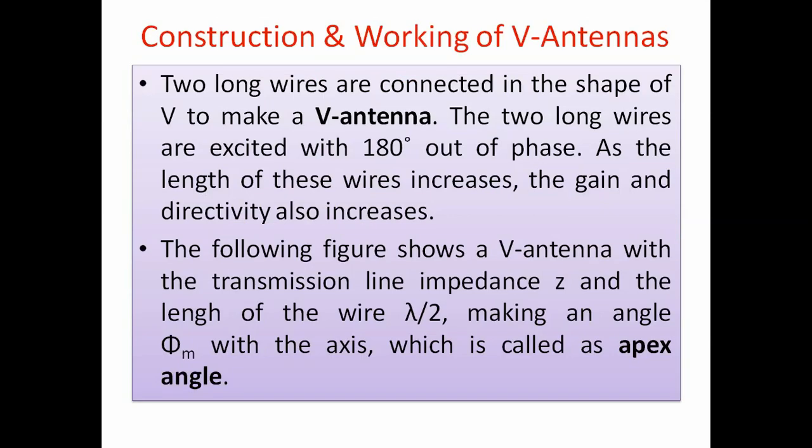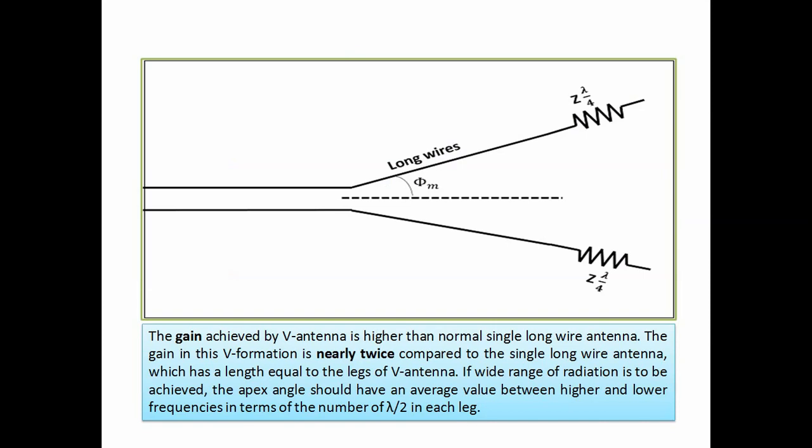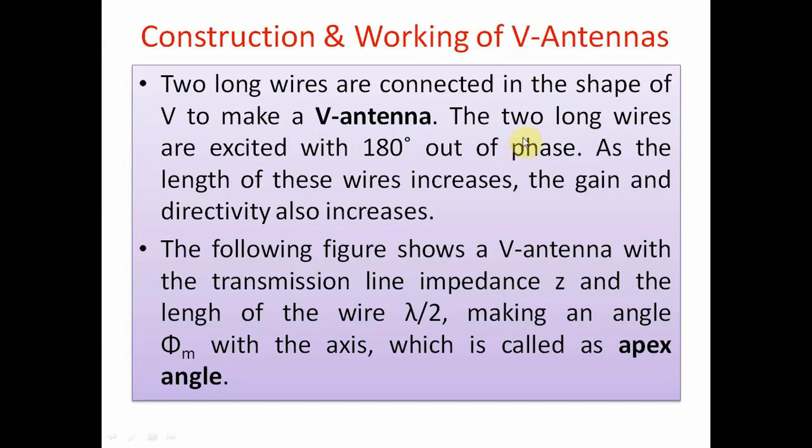Then construction and working. This is the construction of the V type of antenna. Here the two long wires are connected in the shape of a V, and to make a V antenna, the two long wires are excited 180 degrees out of phase.